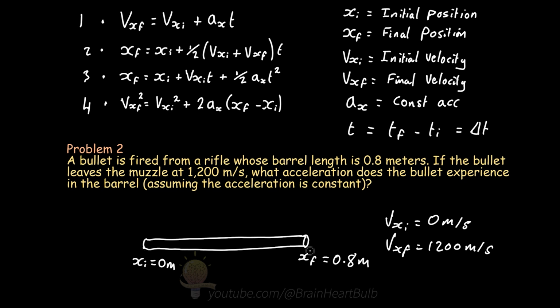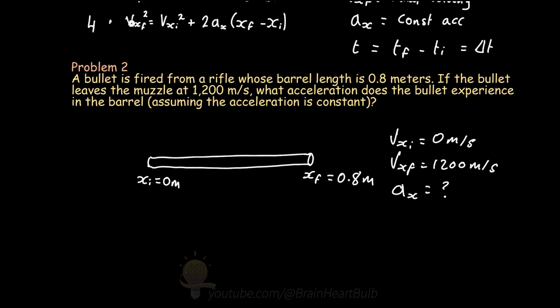So if we look at our equations again, what equation most closely matches the variables that we have in our problem here? We're looking for the acceleration. We have the initial and final velocity and the initial and final position. And let's have a look at equation 4. So we can transpose equation 4 to make acceleration the subject. So let's do that.